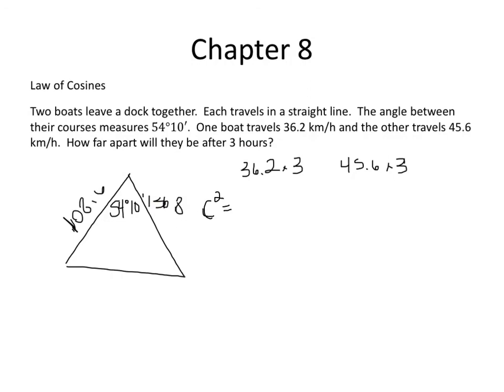So that's a squared plus b squared minus 2ab times the cosine of c.